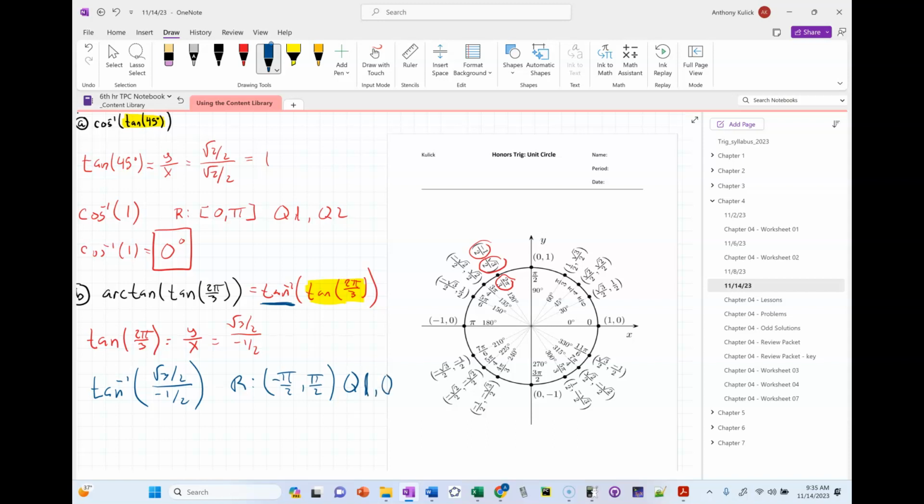That's quadrants 1 and 4. So I'm looking for a place where y is root 3 over 2 and x is negative 1/2, or where the y is negative root 3 over 2 and the x is positive 1/2, right?